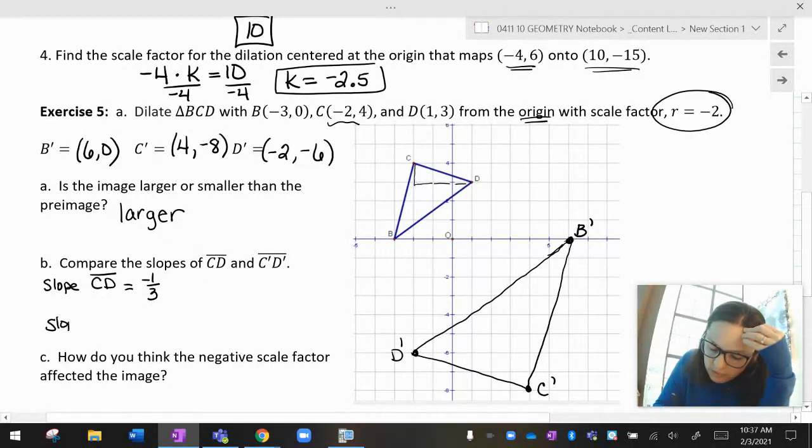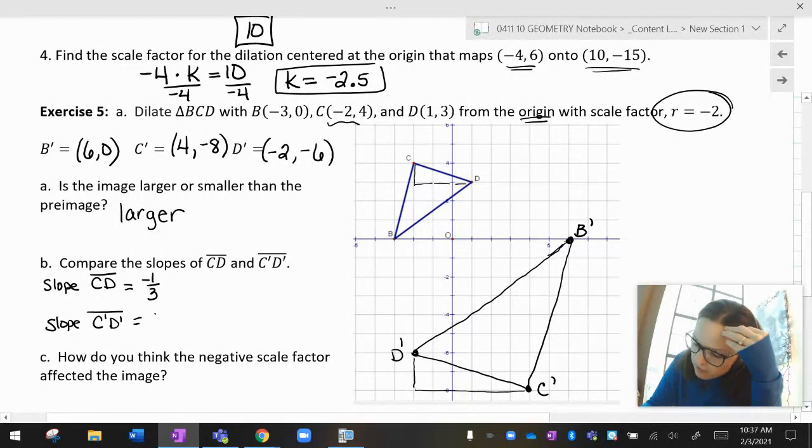And then the slope of C prime D prime is going to be change of y over change of x. So my slope down here is down 2, right 6. So that's negative a third.